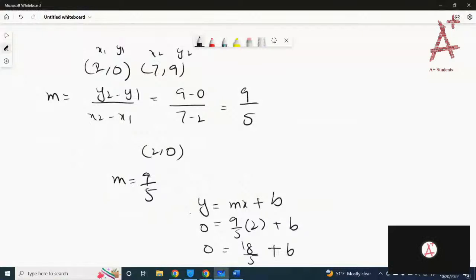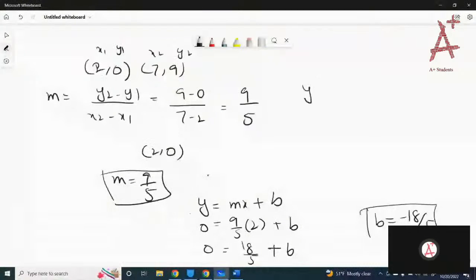Shift the 18 by 5 to the other side. Then b equals negative 18 over 5. So you have the value of m and b now. The equation is y equals 9 by 5 x minus 18 over 5. That is the equation, and that is option number 1. Got it?